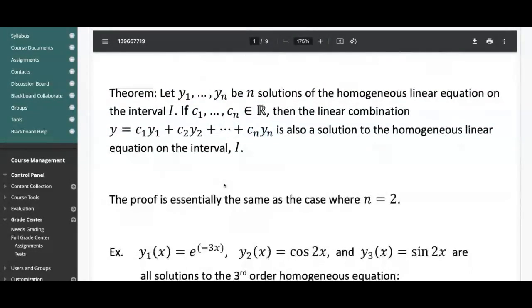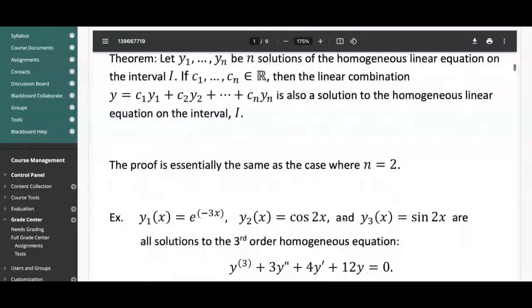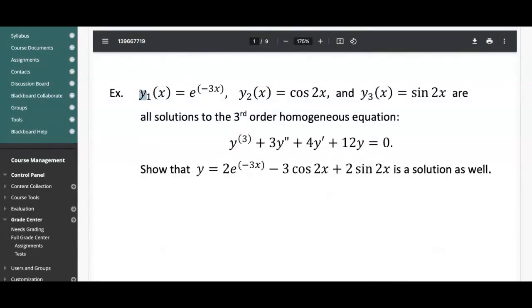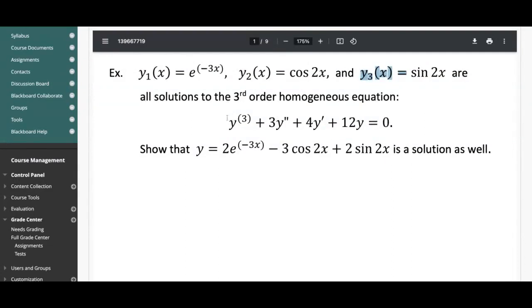And usually the proof is the same as n equals 2. So let's see some examples. y1 is e to the negative 3x, y2 is cosine 2x, y3 is sine 2x. These are all solutions to this third level derivative differential equation, right?